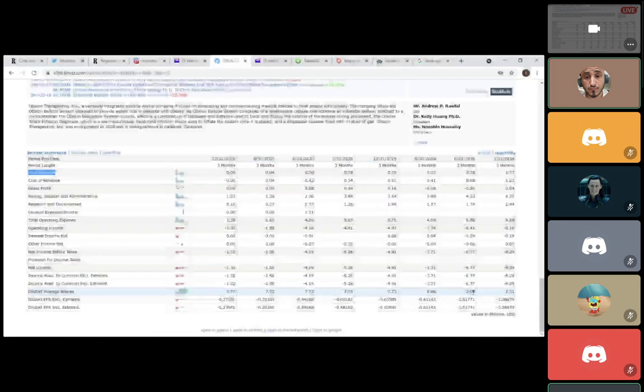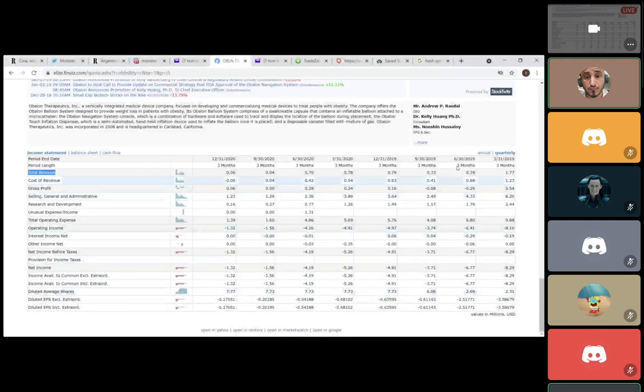Okay, so basically this company has done some offering. They increase their average shares. Okay, and basically that's how they maintain a little bit a survival during this low in revenues. So basically they are surviving by doing offerings, but they don't do so many offerings, and they still keep 7.77 millions.